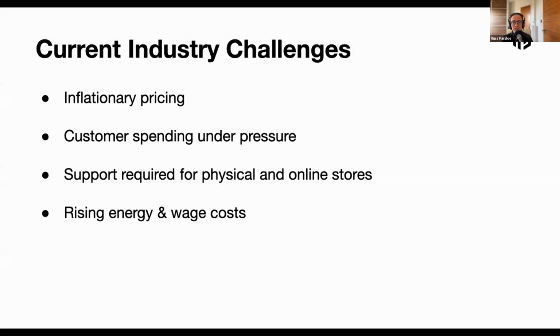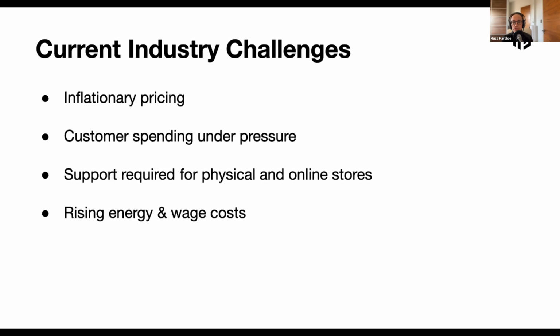So the first thing on the top of this list is something I think we're all subject to, which is inflationary pricing. I think we're all very aware that the cost of living is increasing at an ever increasing rate. But the retail sector is obviously not immune from this either. So there's going to be an increase in the goods that they are then selling on to their customers, and obviously customers themselves are under pressure as well.